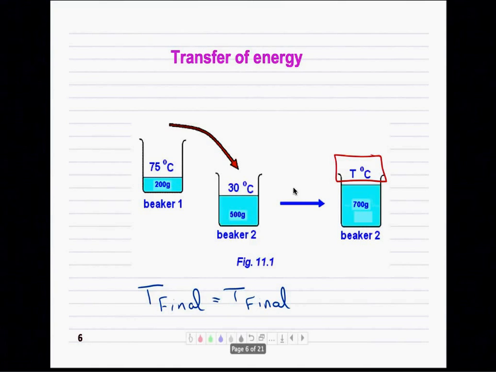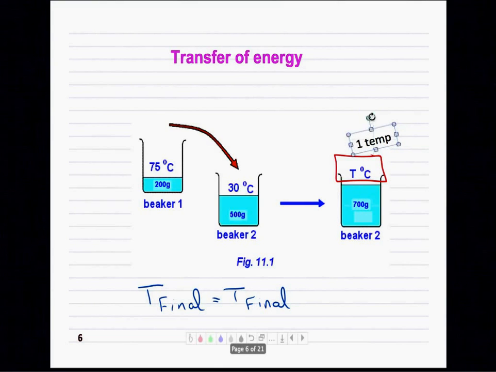When I add those two together and leave it for a little bit, then I put a thermometer in, I'm going to find that the temperature for this 700 grams is one temperature. We're going to measure one temperature all over the beaker. It couldn't be two. We call this the final temperature.